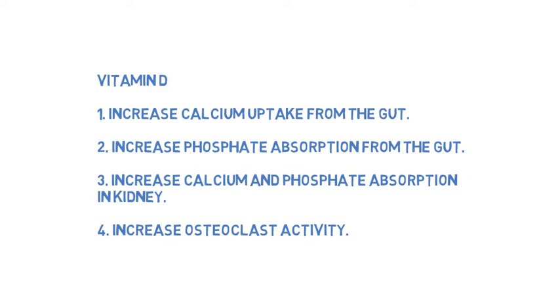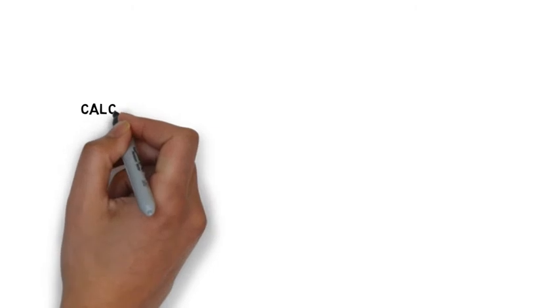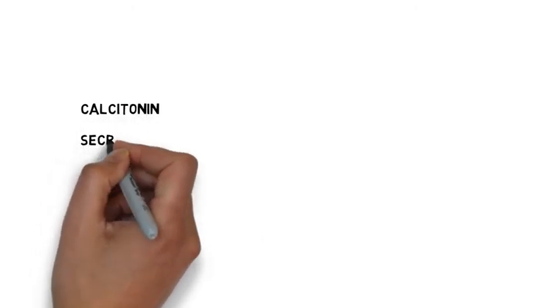Now, parathyroid hormone doesn't work on the intestines; it's principally kidneys and bones. Whereas we see vitamin D works on the intestines. And it also works on the bones. It increases osteoclast activity, a bit like parathyroid hormone, and this will increase the calcium levels.